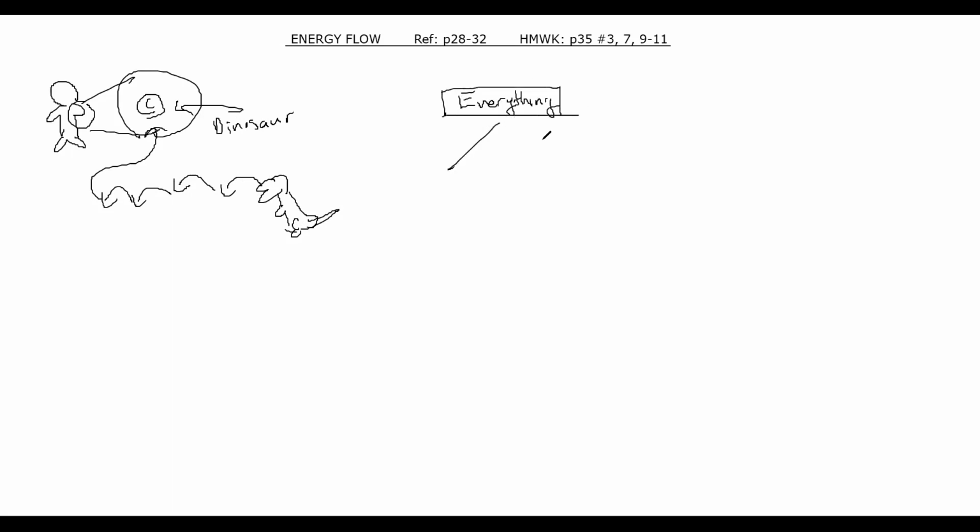Everything in this world can actually be broken down into two broad categories. The first one is what you learned last time, which is matter. That is anything that has mass or takes up space. But you might think, well, anything that takes up space, that's basically everything in this world. What could possibly be the second category? Well, I'll tell you what that is. That is energy.